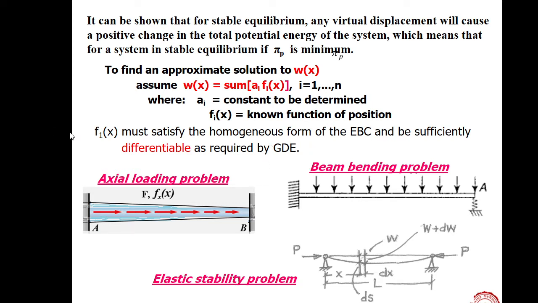This is the statement. So these are assumed functions, okay. These functions we are selecting to satisfy the boundary conditions, as well as it must satisfy the governing differential equation. So we will find out these governing differential equations.